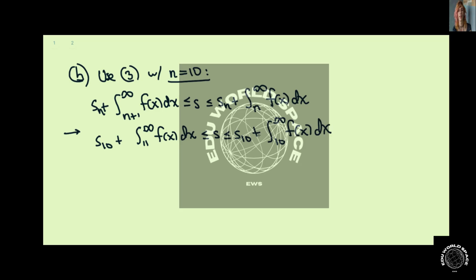Now we can evaluate these integrals. We actually just evaluated this one a moment ago, this one over here. Use the power rule again.